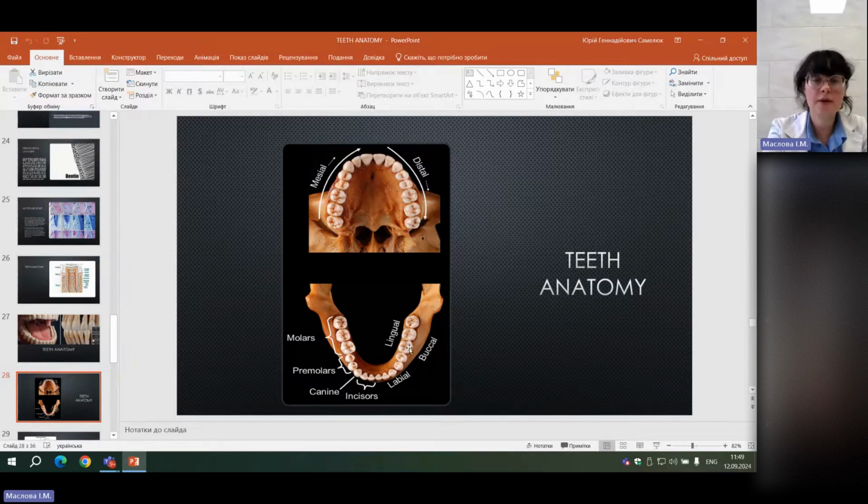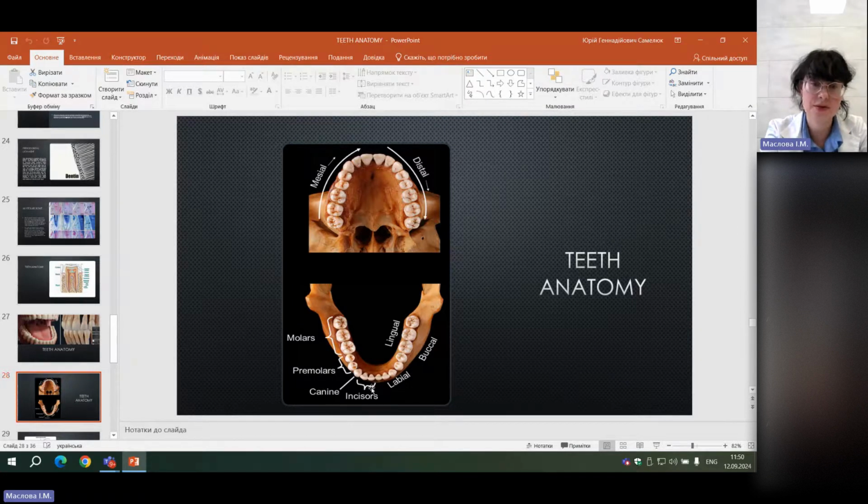And what about the surfaces or the sides relative to the structures situated in the oral cavity? It's a lingual surface, a labial surface, and a buccal surface.